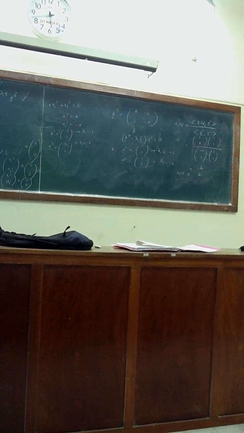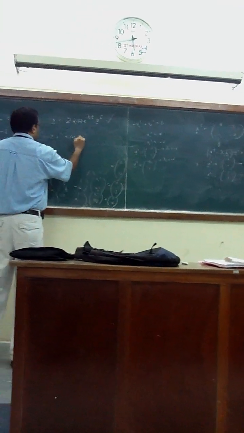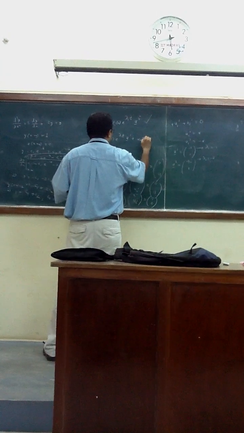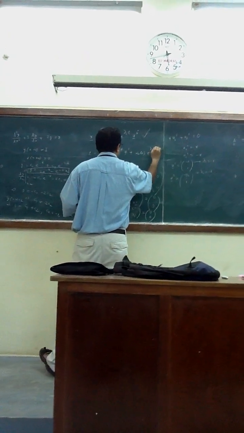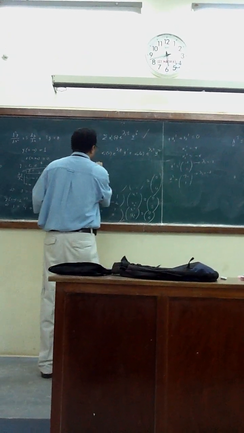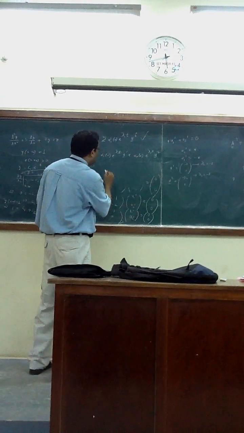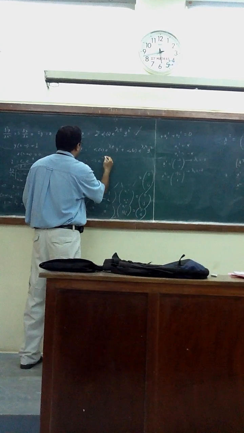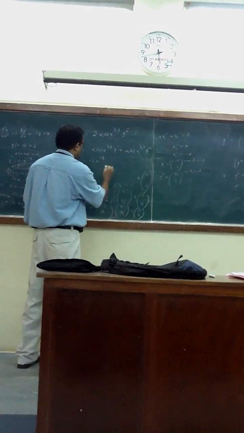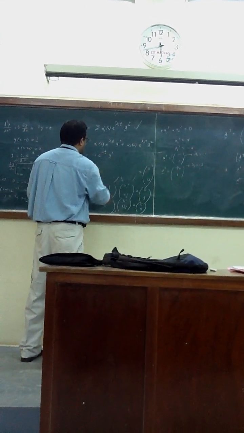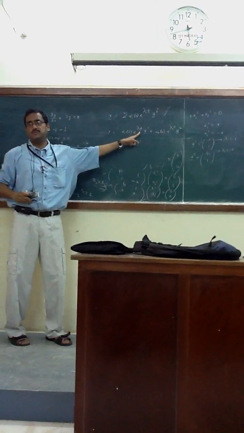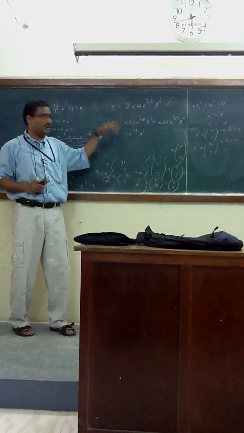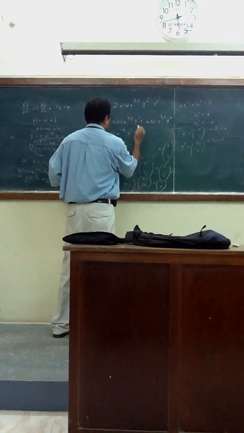So now, how to get the solution? X bar equals alpha 1 0 e to the power lambda 1 t u1 bar plus alpha 2 0 e to the power lambda 2 t u2 bar. Alpha 1 0 is how much? -2 e to the power lambda 1 t, which is -t, and then u1 bar. Remember that this is replaced by small x bar, replaced by y and z, because I am putting everything in terms of dx/dt goes to x.